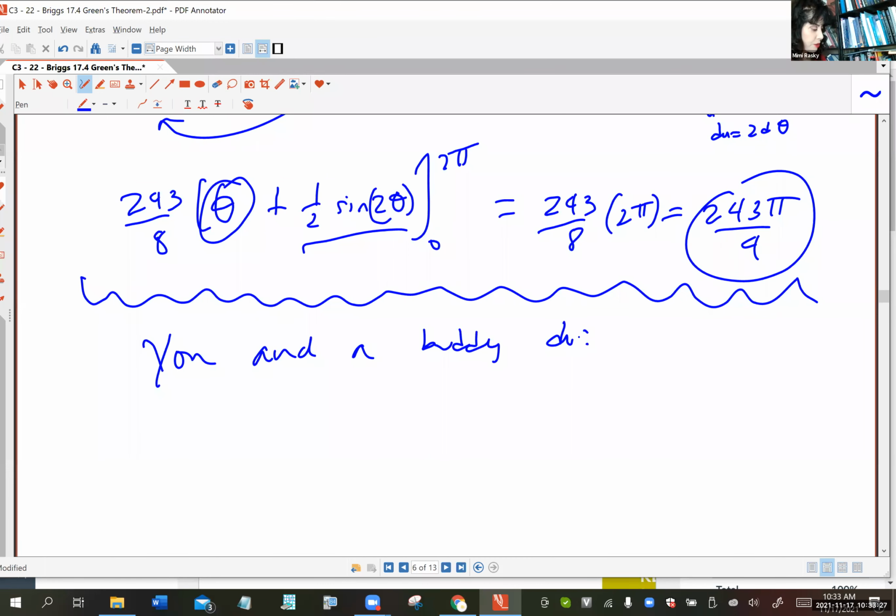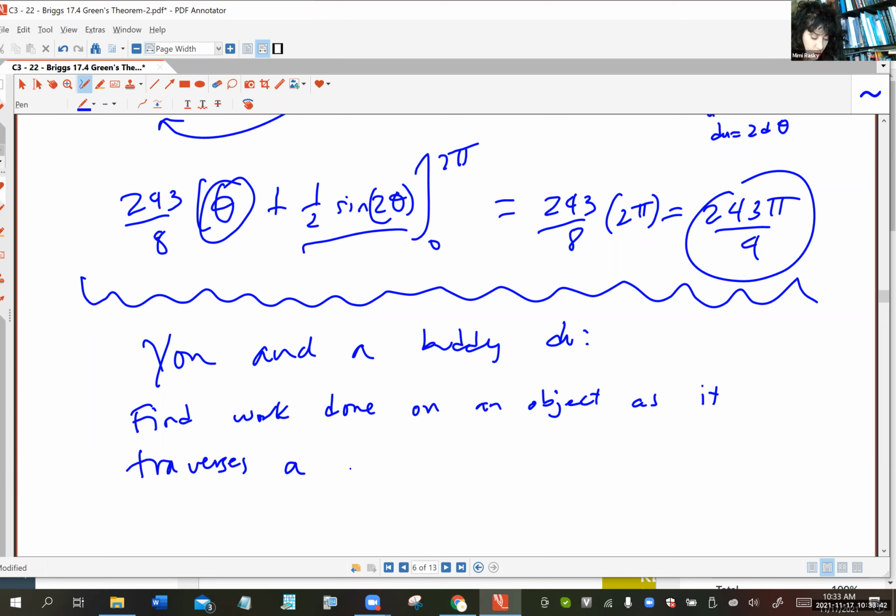You're going to find the work done on an object as it traverses a triangle with vertices.